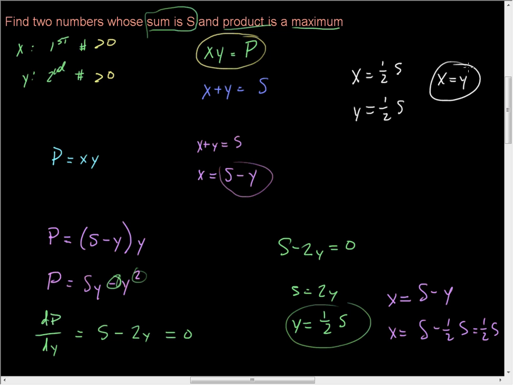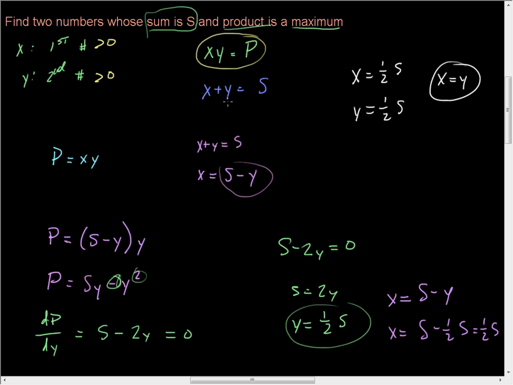Now, if you look, there's really not a big difference between this problem and the problem for maximizing the area of a rectangle. If you say you want to enclose a rectangular area, well, my perimeter is going to be 2x plus 2y, but that doesn't change the problem too much. You simply still go through the whole process.